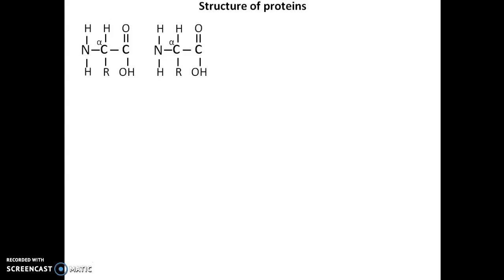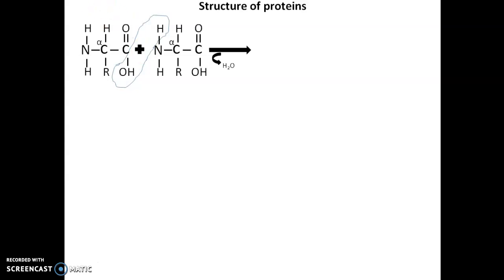So here, suppose we have two amino acids which come together to form a peptide bond, and in doing so, one water molecule is released. Thus, the reaction is called a condensation reaction.